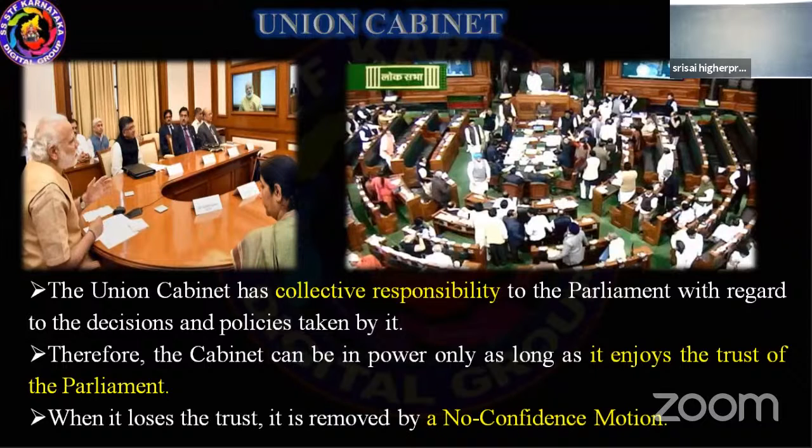It means, if their number reduces to below 225, at this moment the opposition party can demand to dissolve the government based on the non-confidence motion.